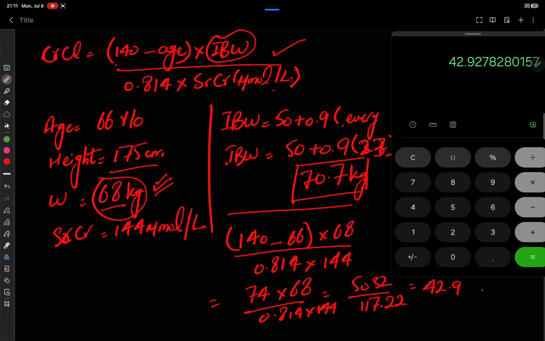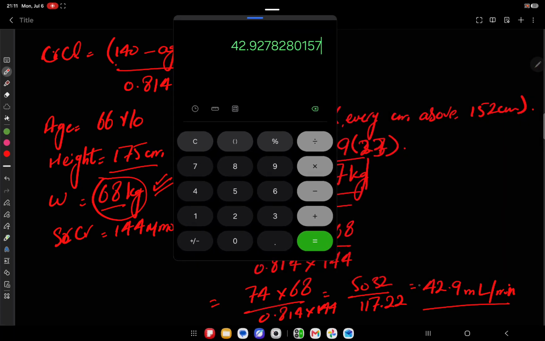And what will be the unit? mL per minute. So this is our answer.